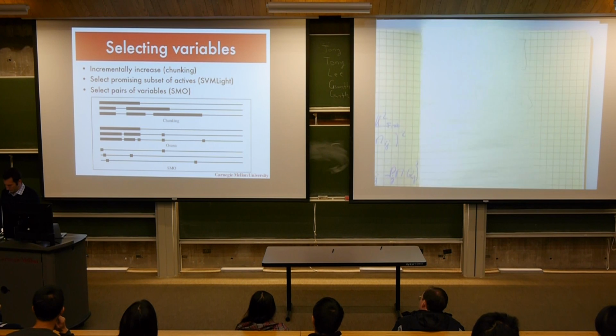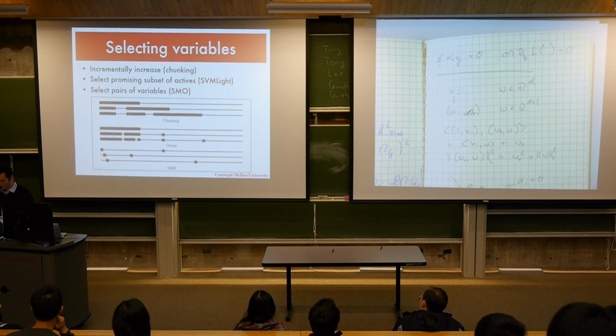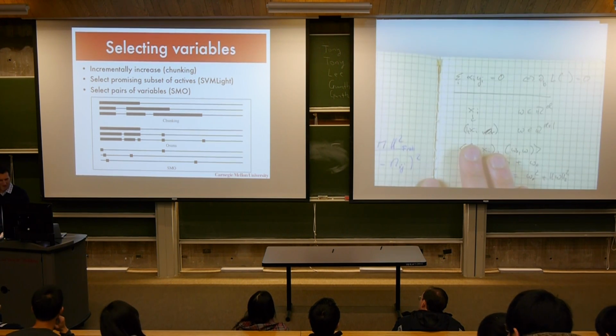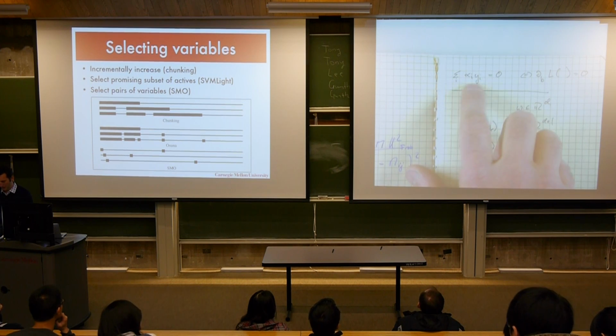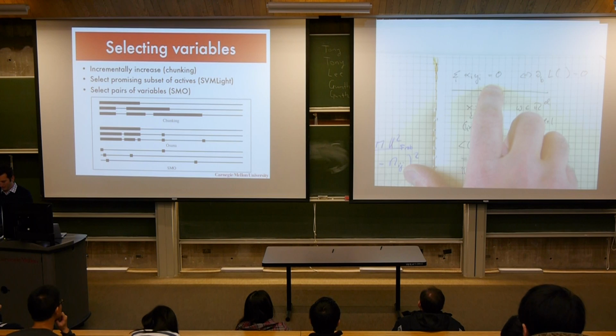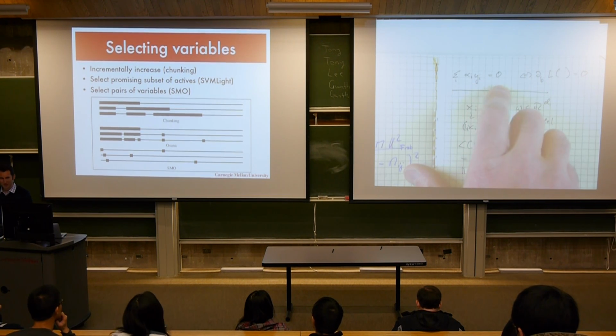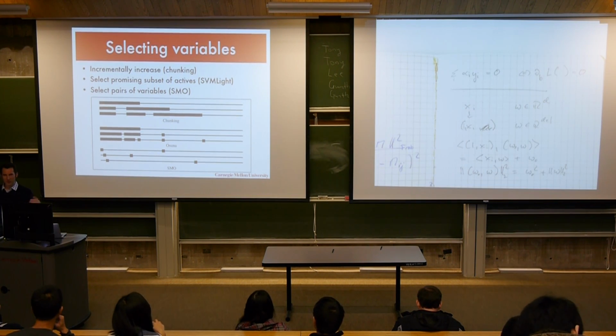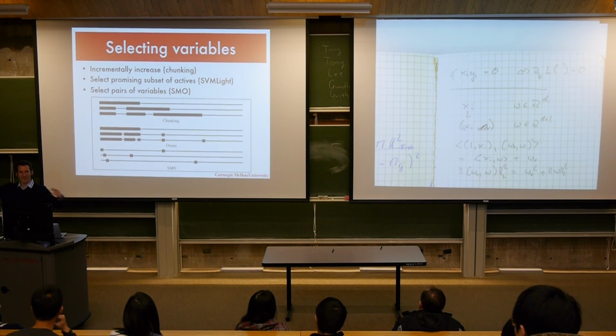Well, you could form a line with a single one, right? So the reason why I need to pick pairs is because I have this pesky constraint, because I have the sum over alpha_i y_i equals 0. So if I change one variable and don't change any of the others, I can't really change that. I need a variable to move in the opposite direction.